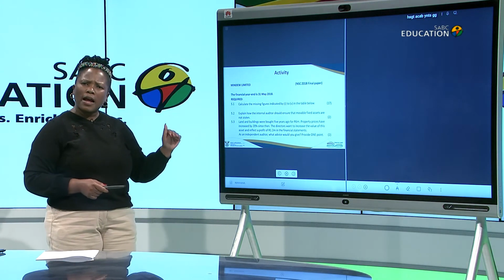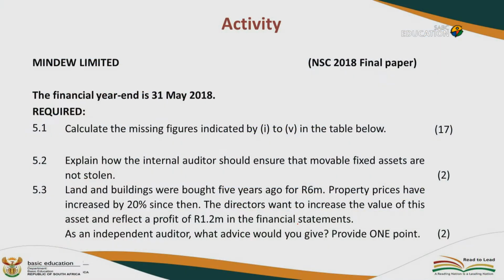Let's look now at 5.3. The land and buildings were bought 5 years ago for 6 million. Property prices have increased by 20% at the property market, and the directors wanted to increase the value of the asset and reflect a profit of 1.2 million in the financial statements.